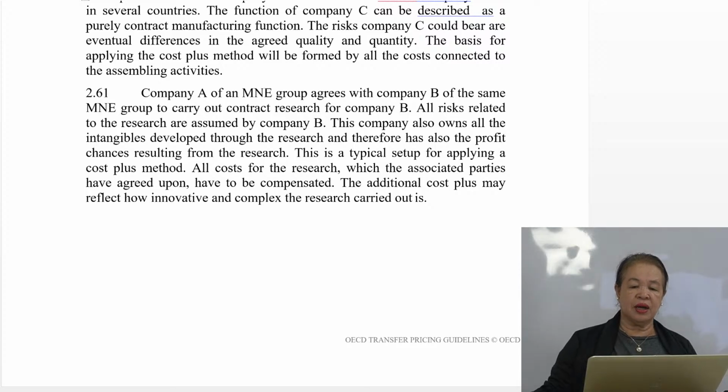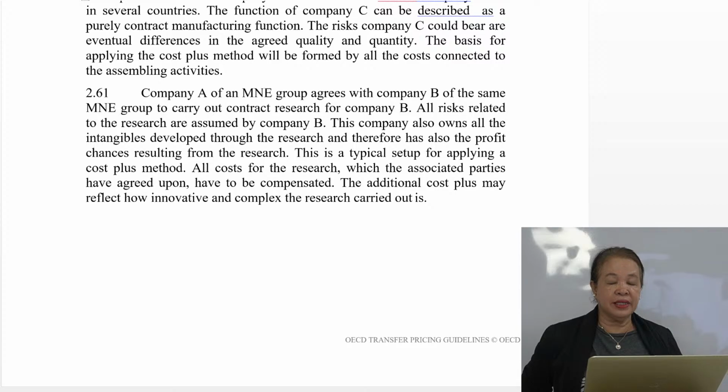So this company also owns all the intangibles developed through the research and therefore has also the profit chances resulting from the research. No? So this is a typical setup for applying a cost-plus method. All costs for the research which the associated parties have agreed upon have to be compensated. No?